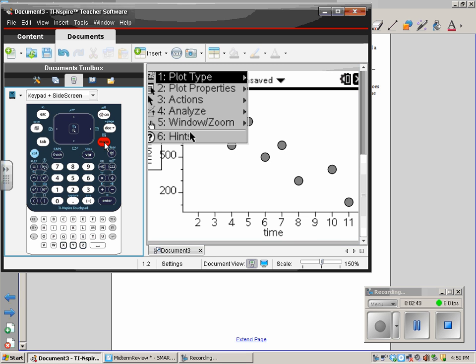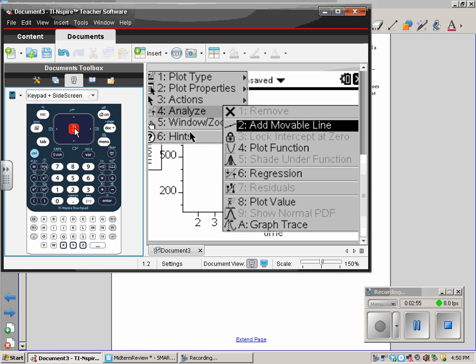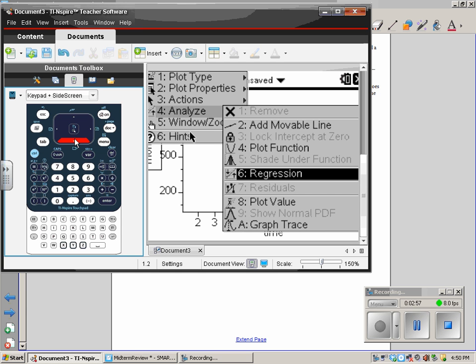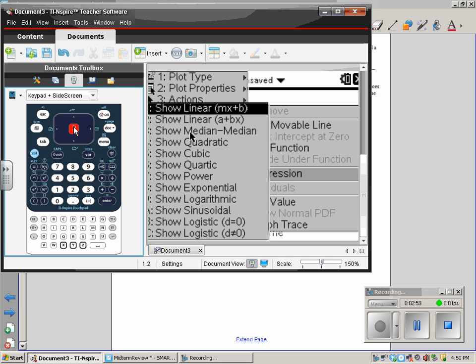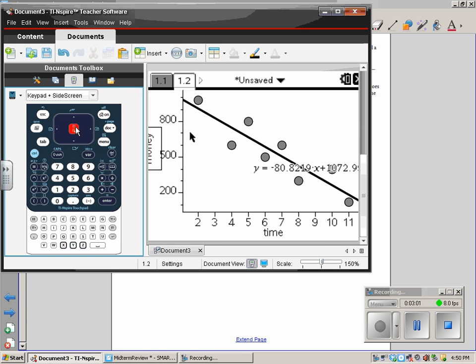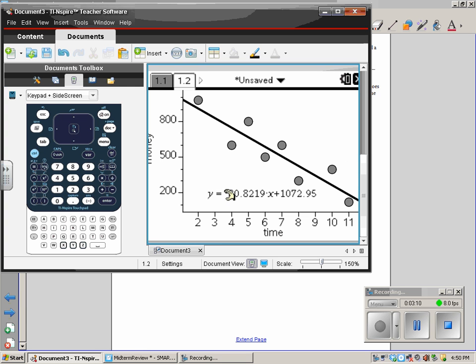So menu, and then we want to analyze. We want to do a regression, and we want to show the linear regression. So that's y equals negative 80.82x plus 1072.95. So I'm going to round to the nearest hundredth.